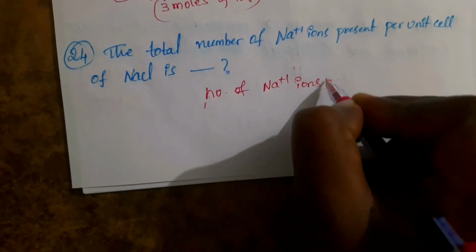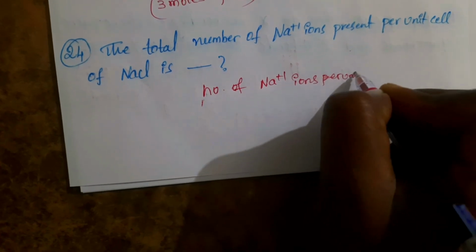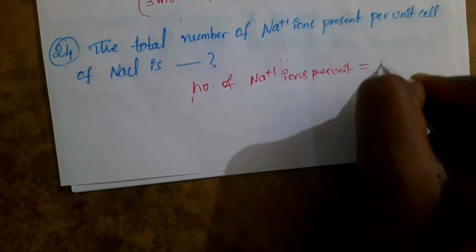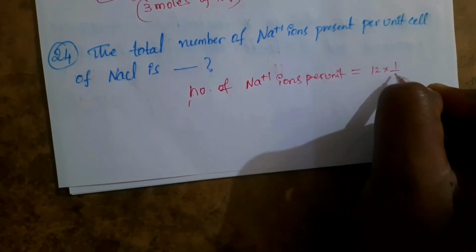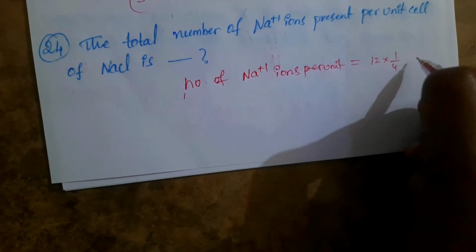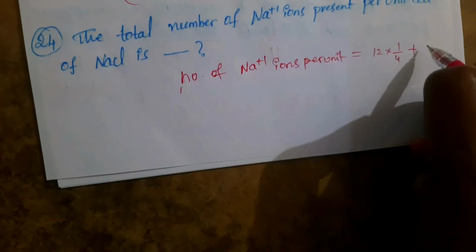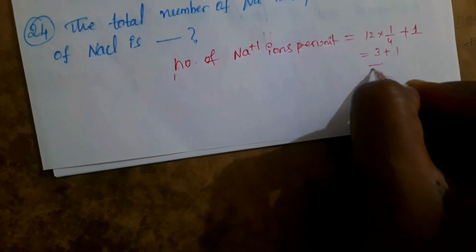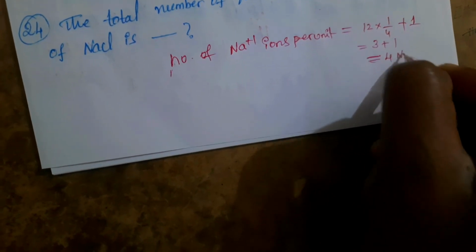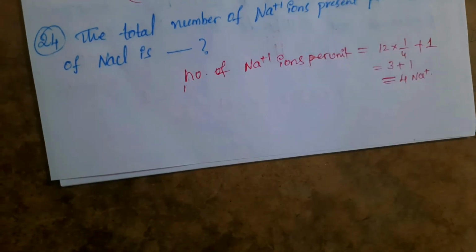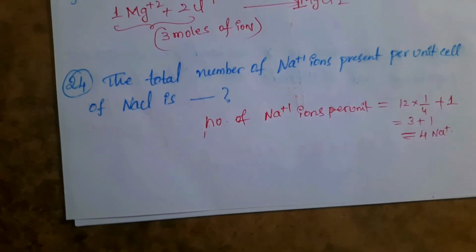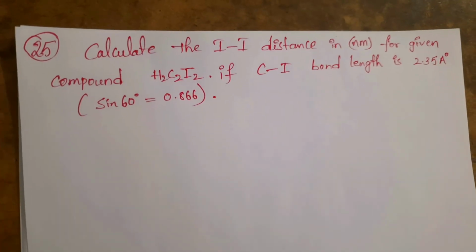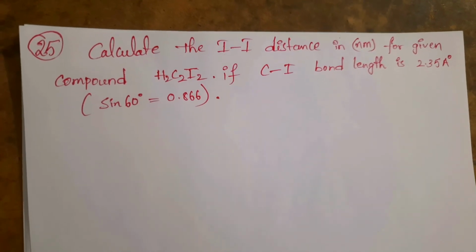Sodium ions are present on the 12 edges. Each edge is shared by 4 other unit cells, plus one atom is present in the center, that is 3 plus 1, that is 4 sodium ions present per unit cell. Is that clear?